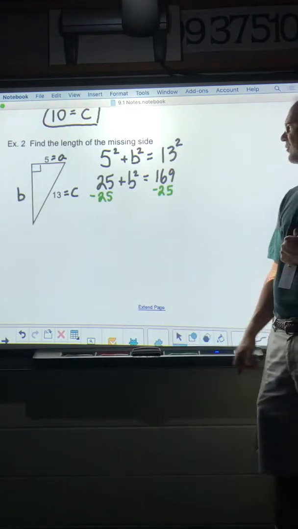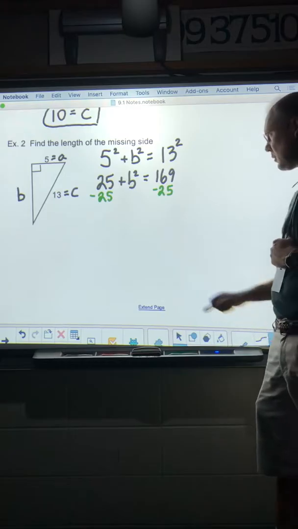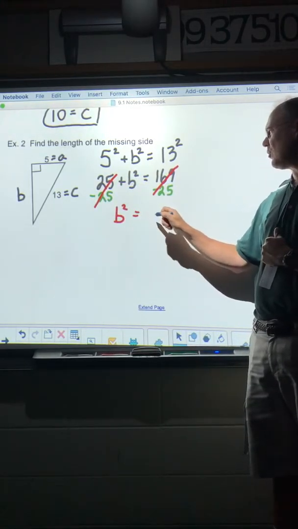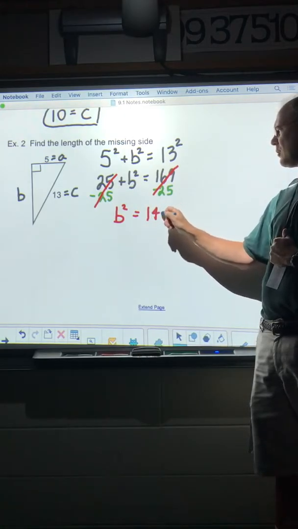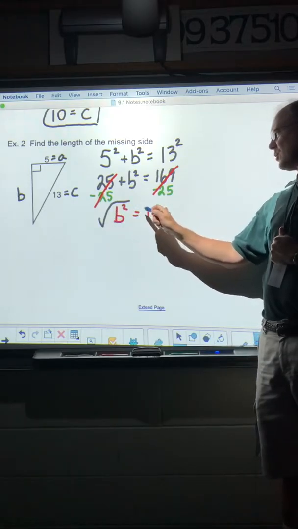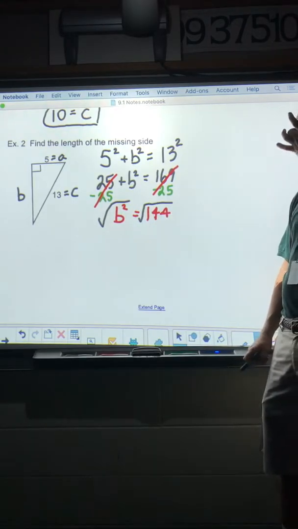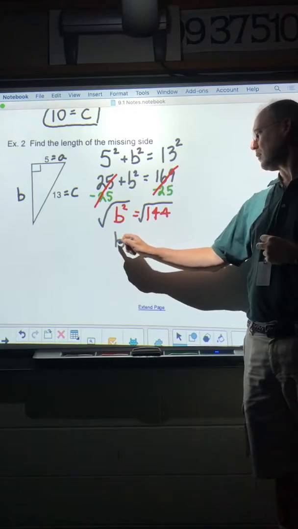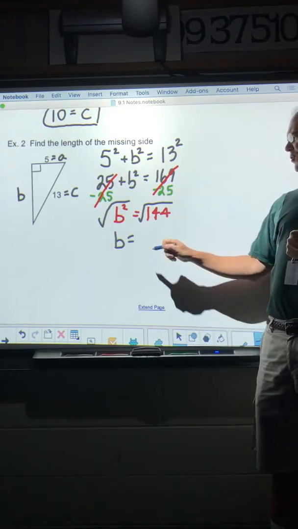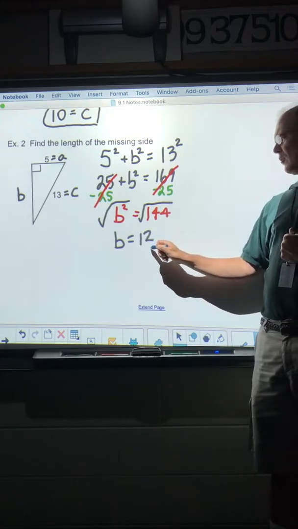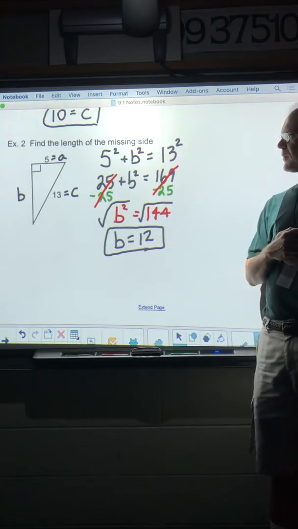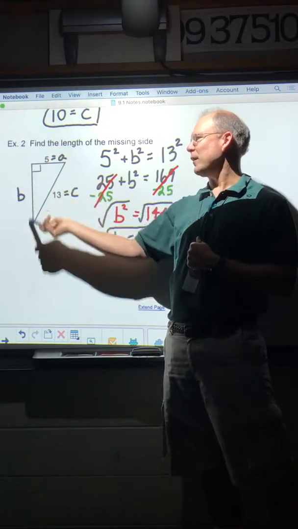So B squared equals 144. Take the square root. And the square root of 144 is 12. So that missing side is 12.